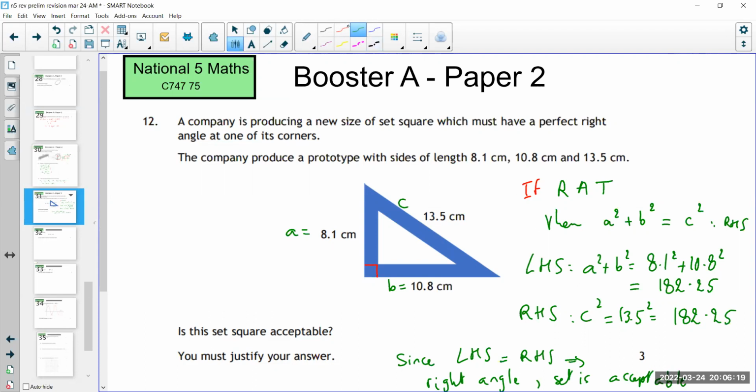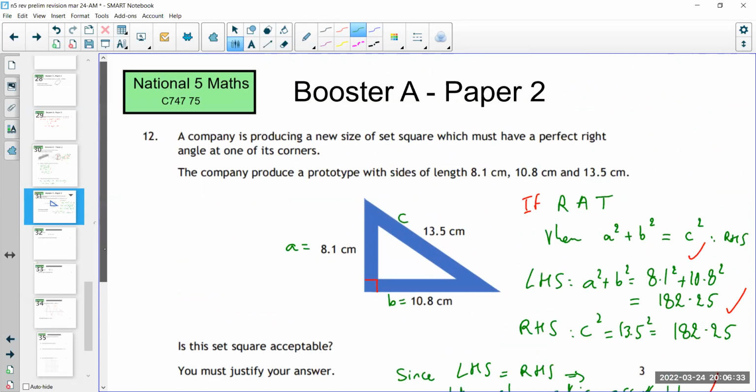And this is how you get your third mark. One for calculating the left side and the right side. Okay, just use converse of Pythagoras to prove that we've got a right angled triangle.